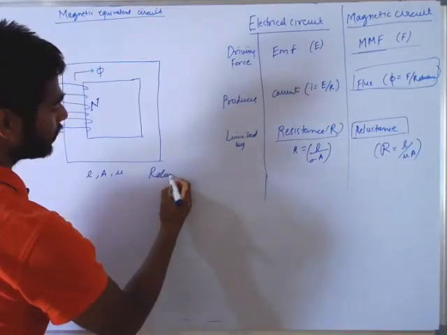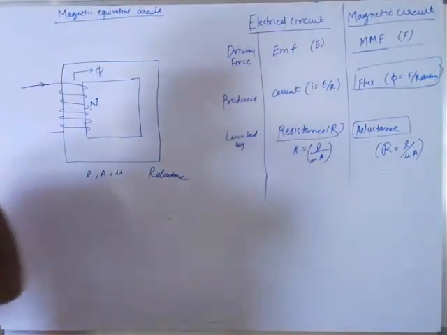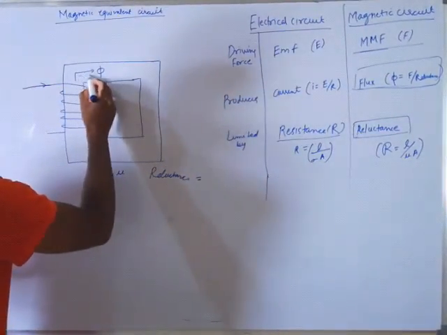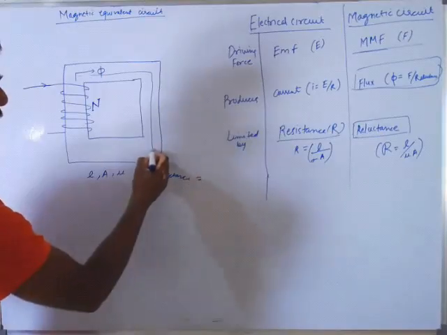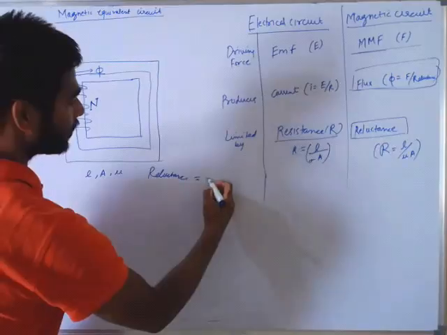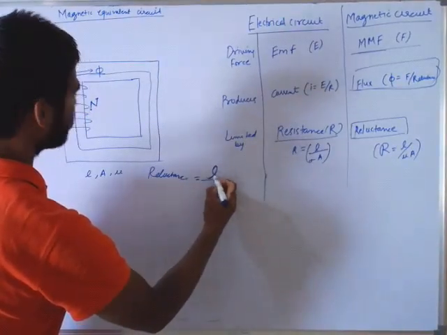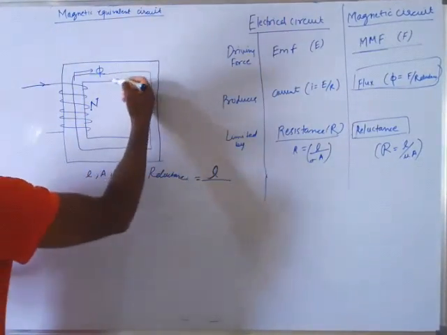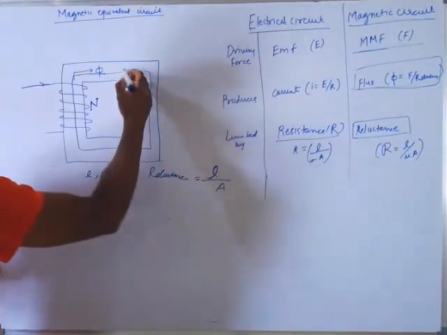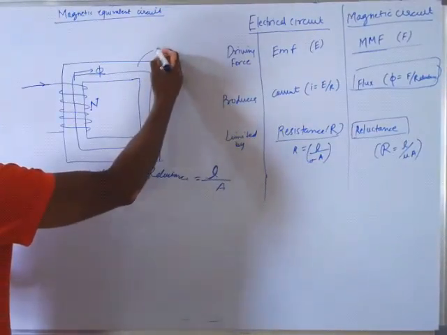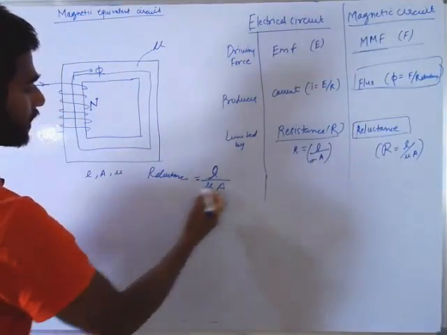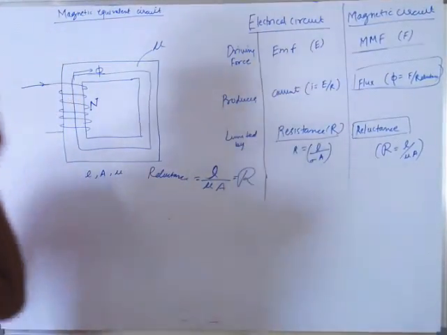Reluctance of this material: suppose we take the mean length, that is, the middle path, and suppose this is L. The cross-sectional area of this core is A, and suppose this is an iron core with permeability mu. So this is the reluctance. Let us denote it by R.